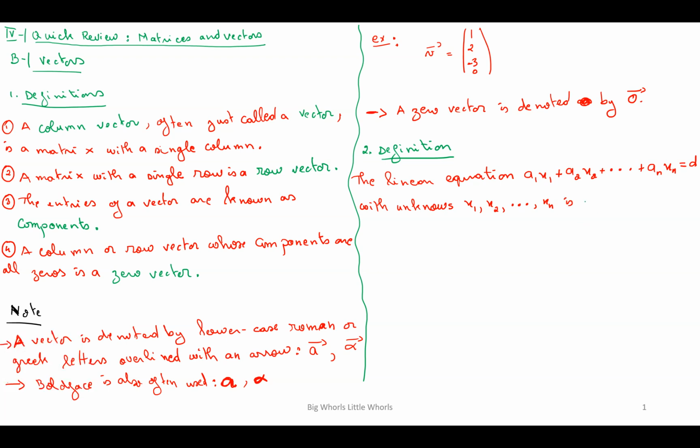This word is important: if you remember the first part of this chapter, we defined when an n-tuple satisfies an equation. So we are going to do the same thing here for vectors as well.